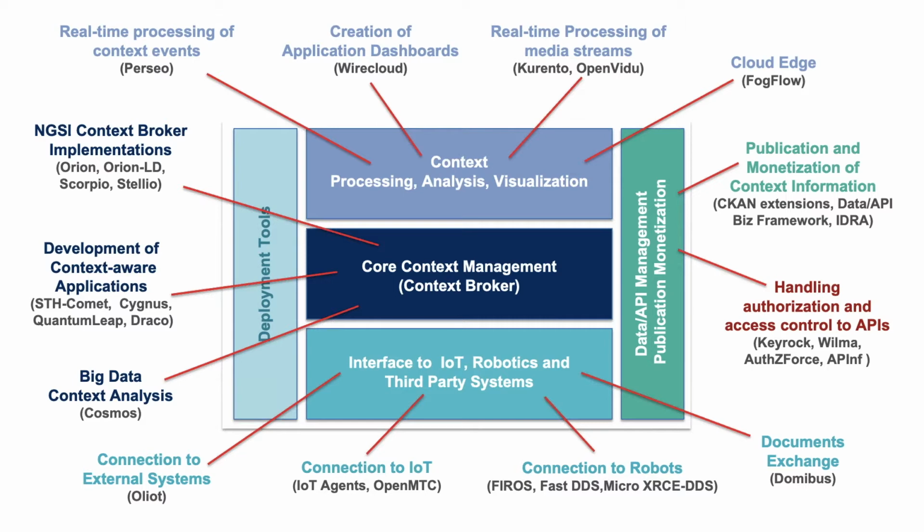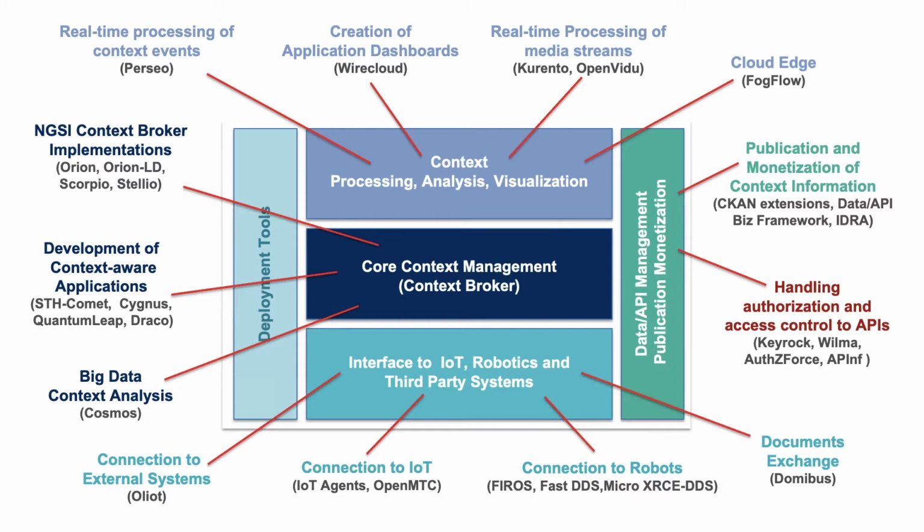So all of these are open source. So who am I to talk about open source? Well, if you have a look at the existing FIWARE catalog, you will see there are a large variety of licenses which are used by the various components.